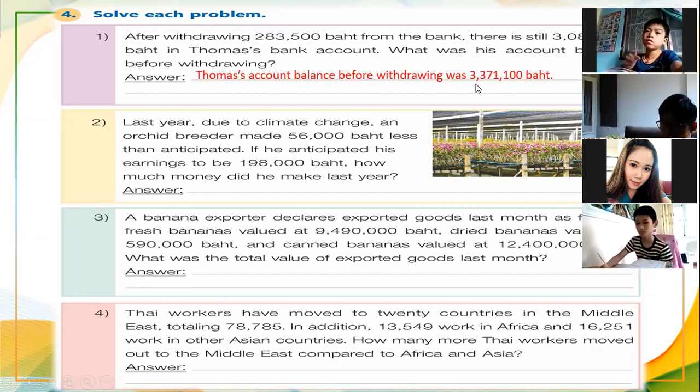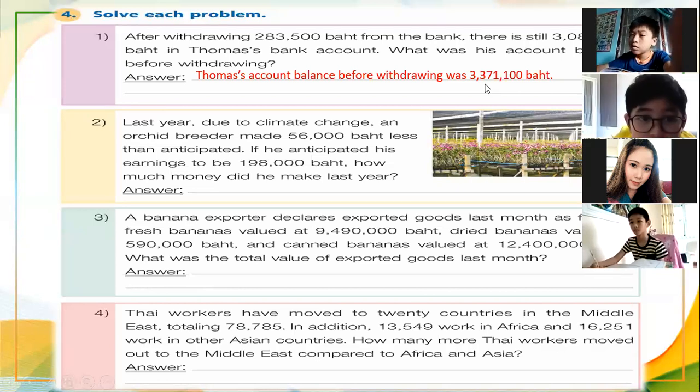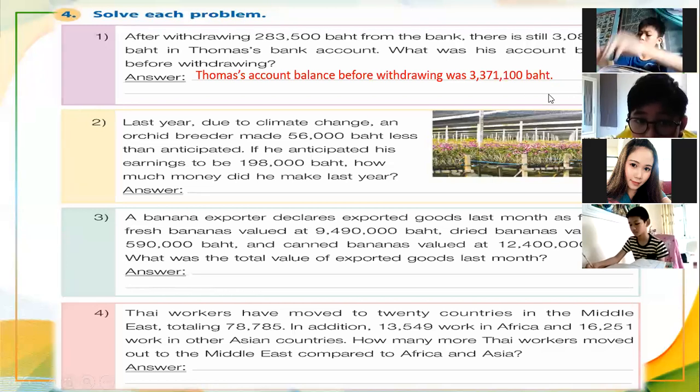So Thomas's account balance before withdrawing was 3,371,100 baht. So here we performed addition.